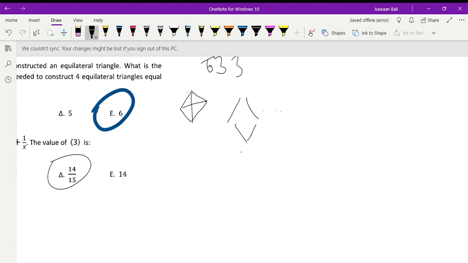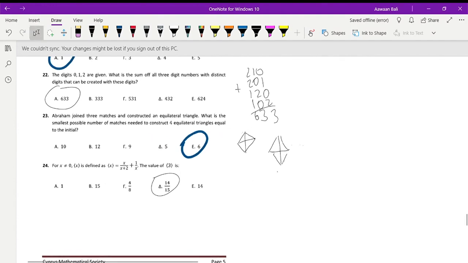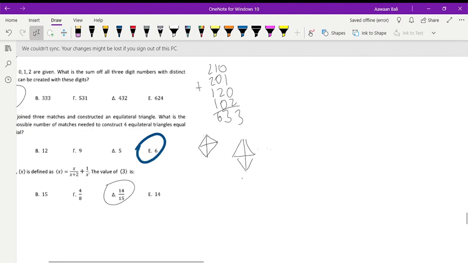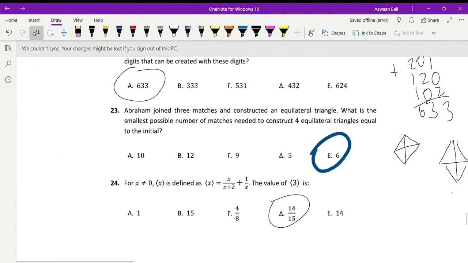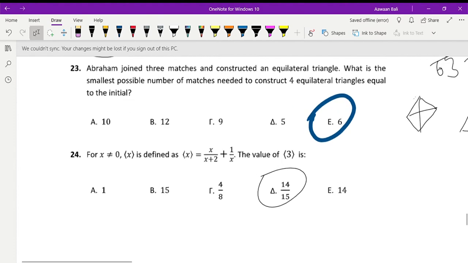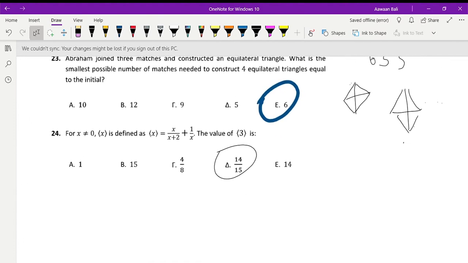Then you can basically put 1 match here and 1 match here. So 1, 2, 3, 4, 5, 6 matches are possible, and this is the only way basically to get 6 matches. You can't get less than that. 5 is basically impossible. Okay.